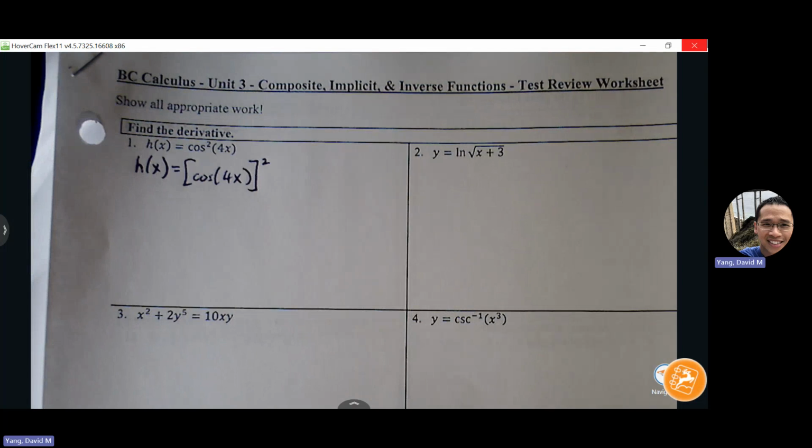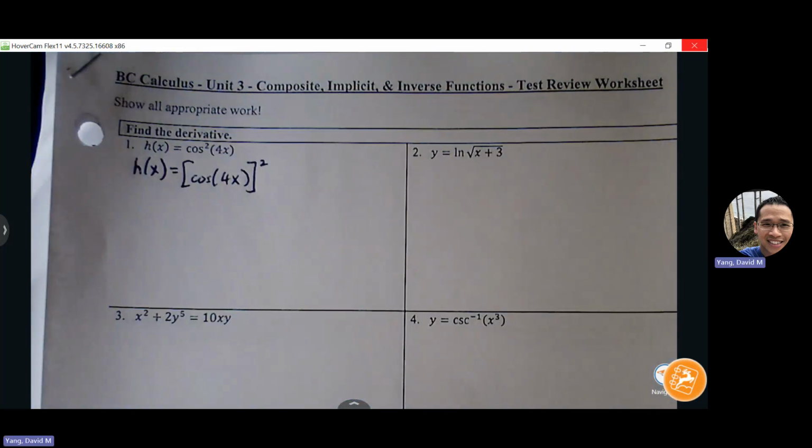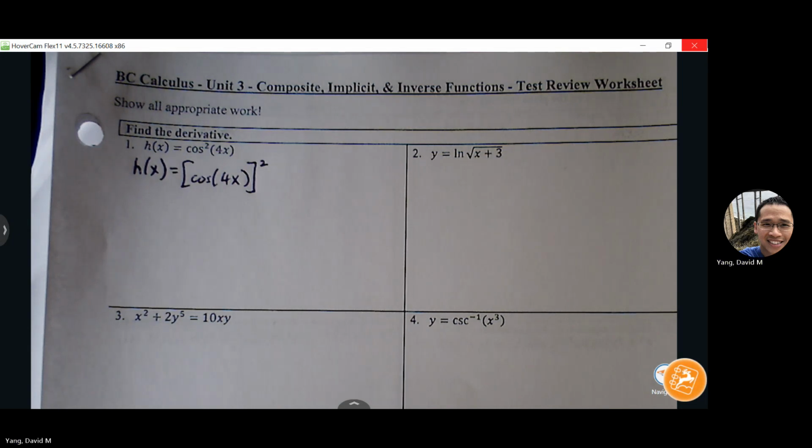I think maybe this page is okay, but I think other pages may be a little short on space.